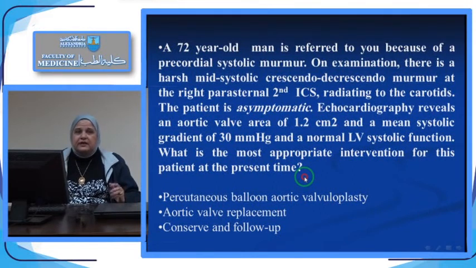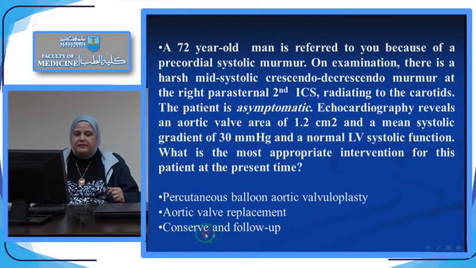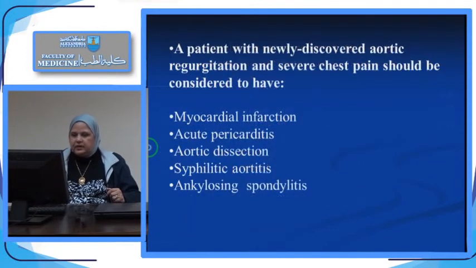So this is a diagnosis of mild to moderate aortic stenosis, asymptomatic. What are the lines of treatment in such a case? No medication is needed, and no medication improves this case. The line of treatment is to observe and follow up, especially in asymptomatic cases.